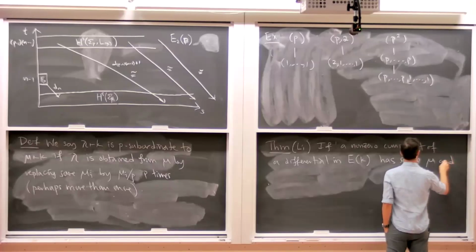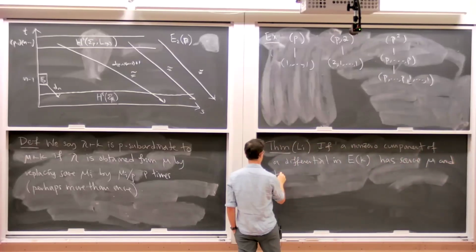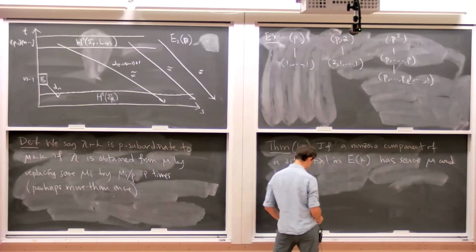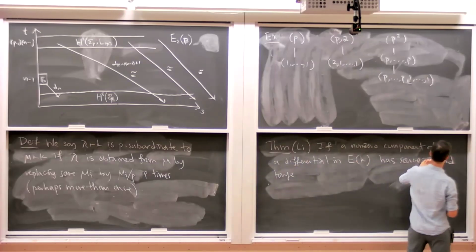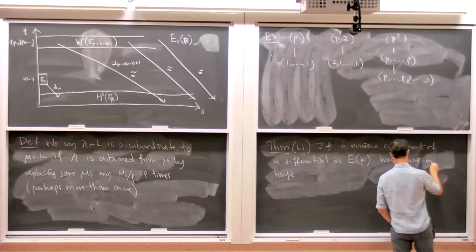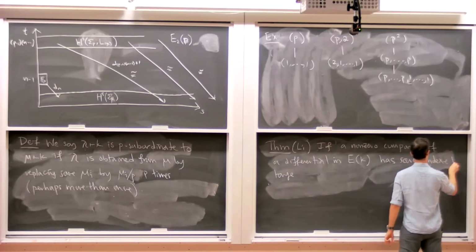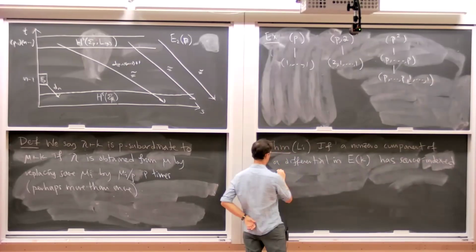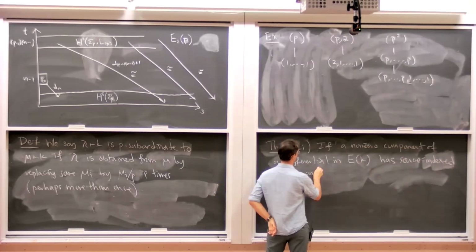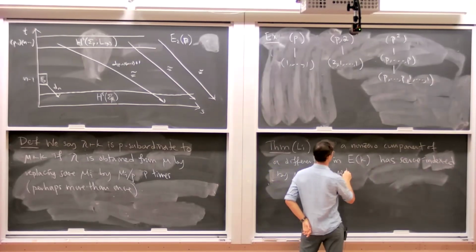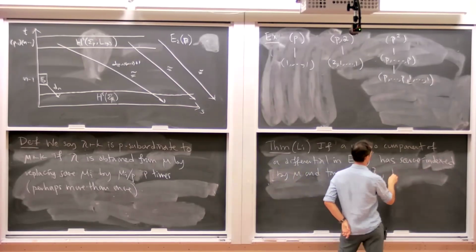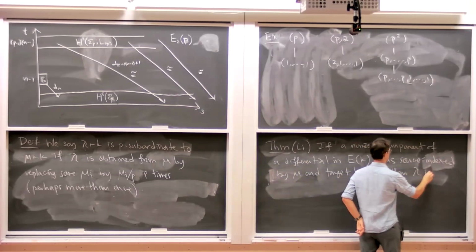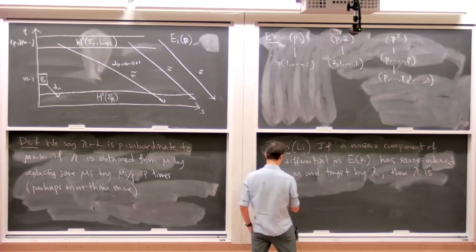mu and target, or I should say source indexed by mu, target indexed by lambda, then lambda is P subordinate to mu.